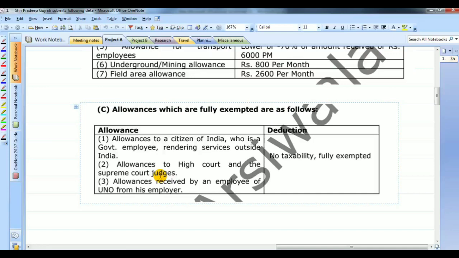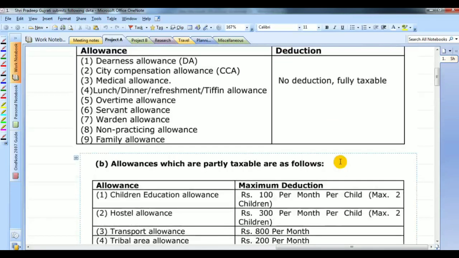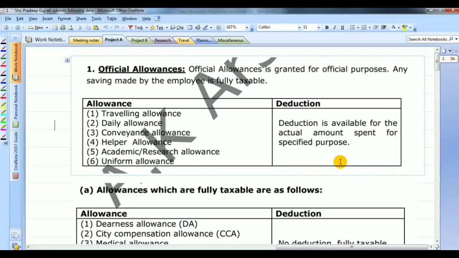Okay, so if any allowances are received by these three category of people, then there is no tax on such amount. Entire amount is tax free, entire amount is exempt. So you can pause the video here and note down all these allowances, or either way you can take a screenshot of these allowances and use them for your further references.